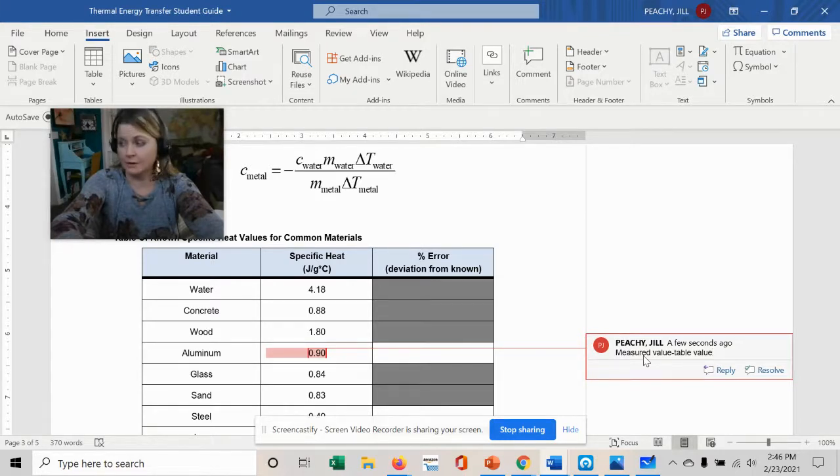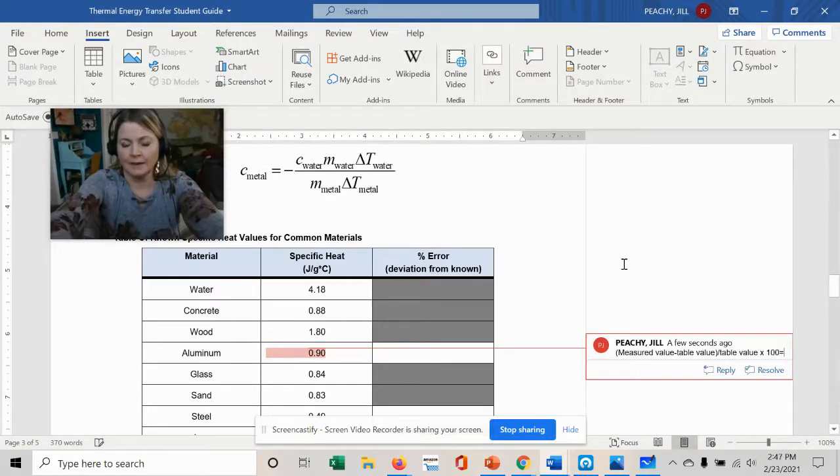Okay, so do that first. I'll put that in parentheses. You remember that you're going to do that first and come up with a difference there. Whatever that is, divide it by the table value again. Okay, come up with a total there. Then take that whole thing and multiply by 100.